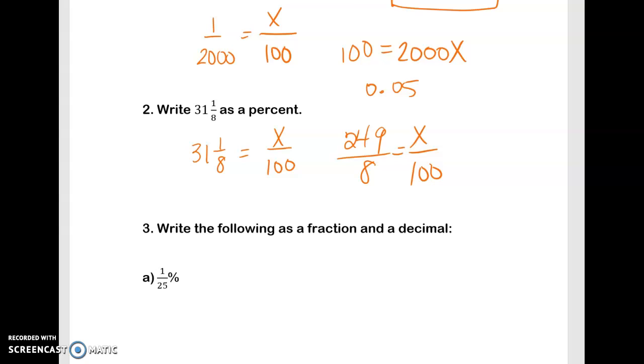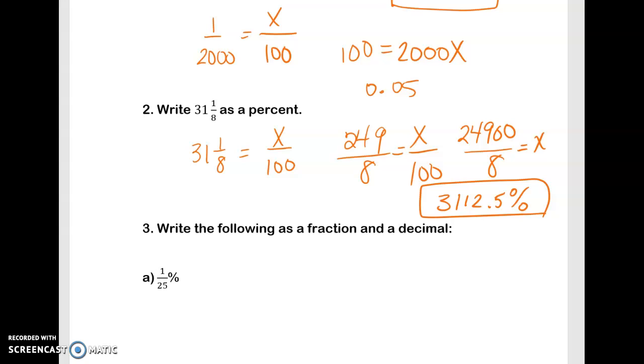You would get 24,900 divided by 8 equals x, and that would be 3,112.5%.